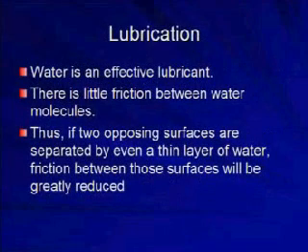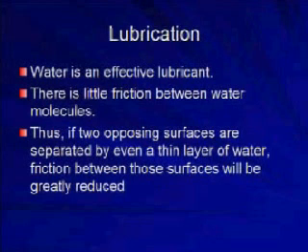Water is an effective lubricant. There is little friction between water molecules. Thus, if two opposing surfaces are separated by even a thin layer of water, friction between those surfaces will be greatly reduced. We will see the physiological benefit of this frictionless surface that can be created by water when we talk about specific organ systems: the peritoneal cavity of the abdominal wall, the pleural cavity of the lungs, and the pericardial cavity of the heart as well.